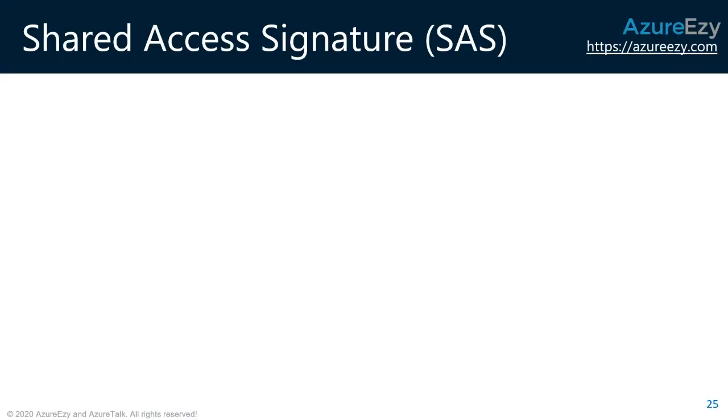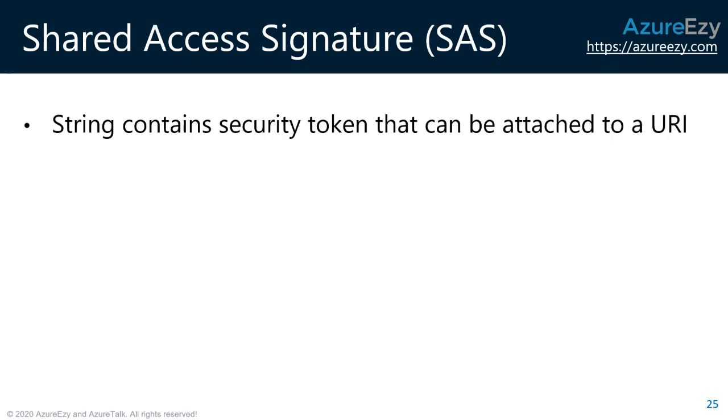Then another option that we have seen in the first slide related to Azure storage is something called a shared access signature. Now what is this shared access signature? It is actually like a URI, just a string.